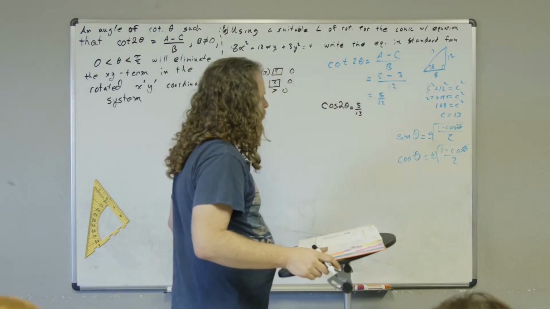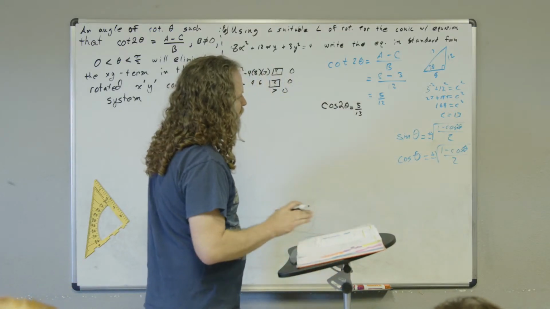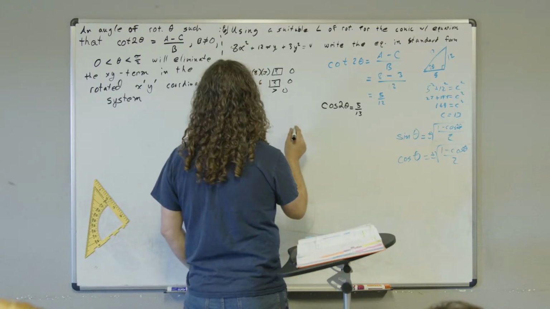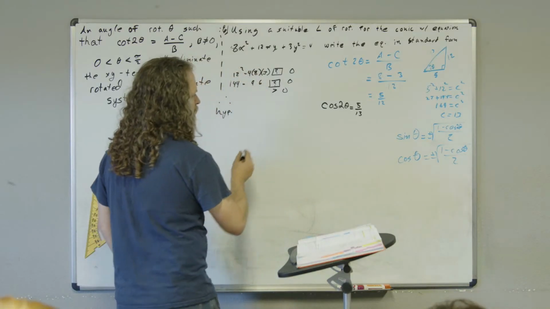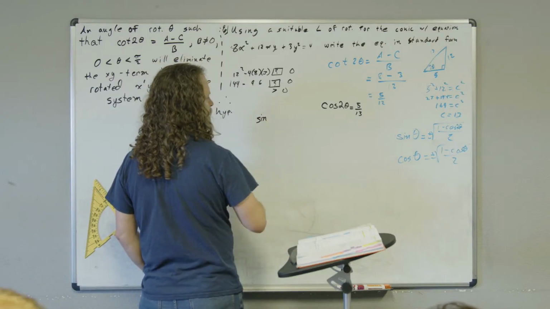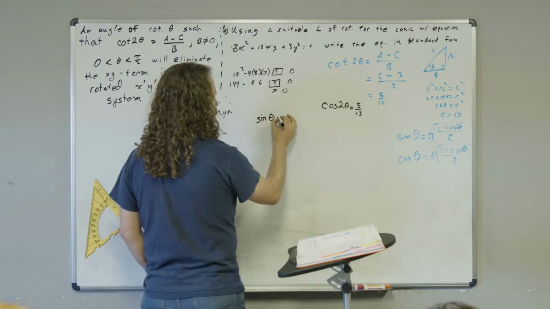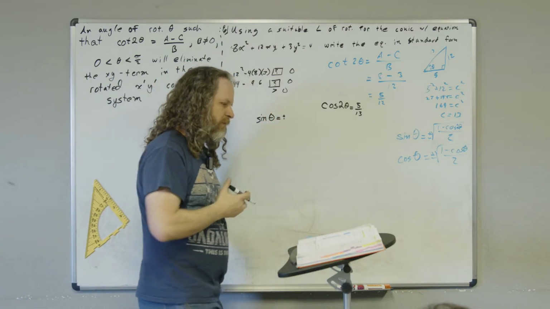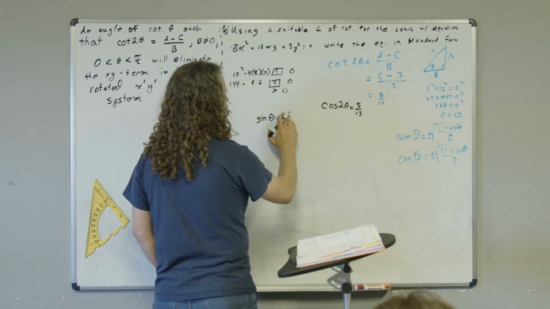Using half angle identities right there, we can find the sine and the cosine of theta. The sine of theta would equal plus or minus, although we really only want the positive one because we're not changing quadrants.